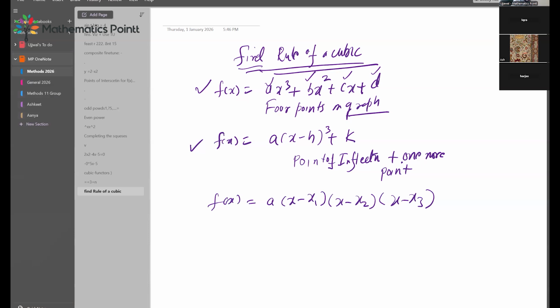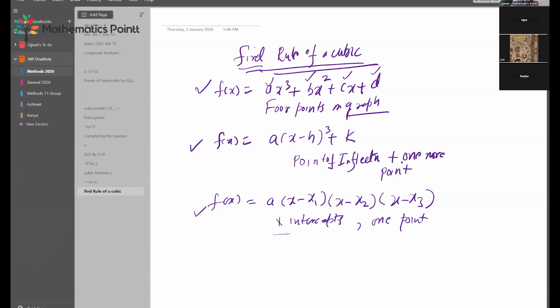So whenever I am given the x-intercepts straight away, and one more point, then I can use the third equation, the intercept equation, to find the rule of my cubic.